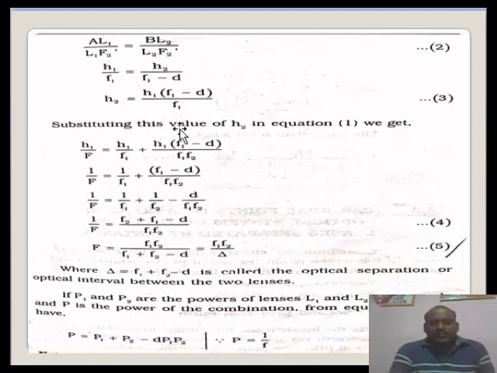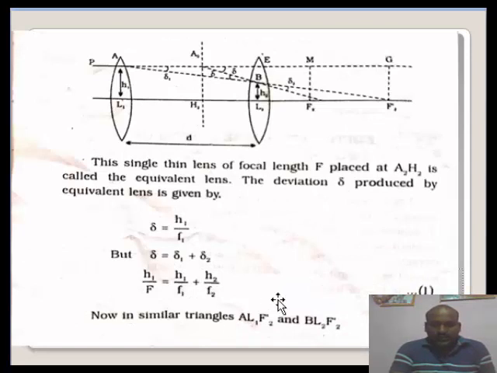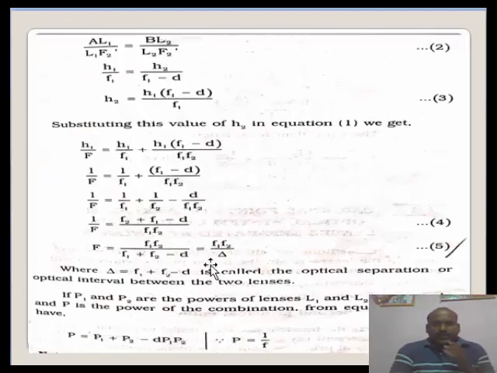Again, substituting this value of H2 in equation 1, the earlier equation, the equation will be like this. H1 divided by F on the left side; on the right side H1 is common, so H1 on LHS and RHS gets cancelled.